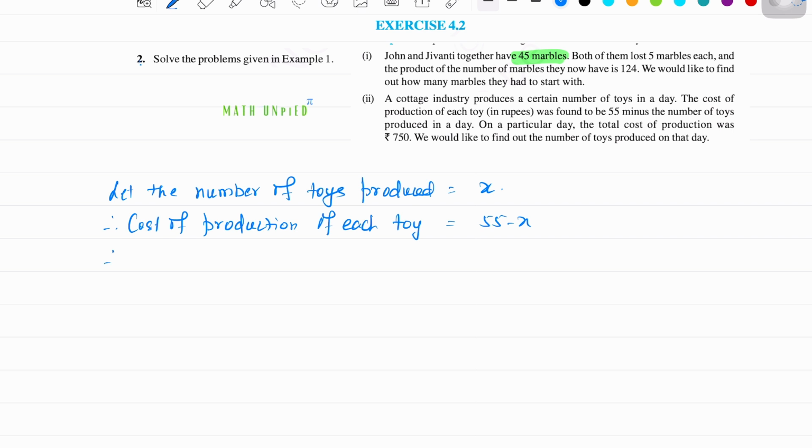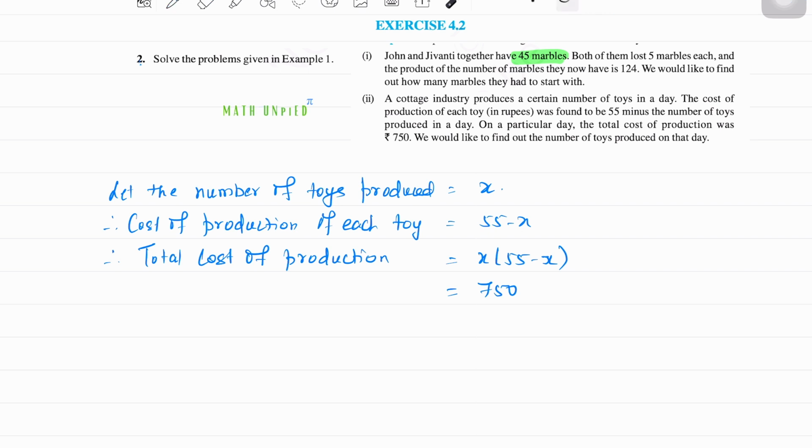And therefore we can say total cost of production is equal to x times 55 minus x. But this is also equal to 750 because it's given the total cost of production was 750. So we can equate these two expressions and form the quadratic equation which is required.